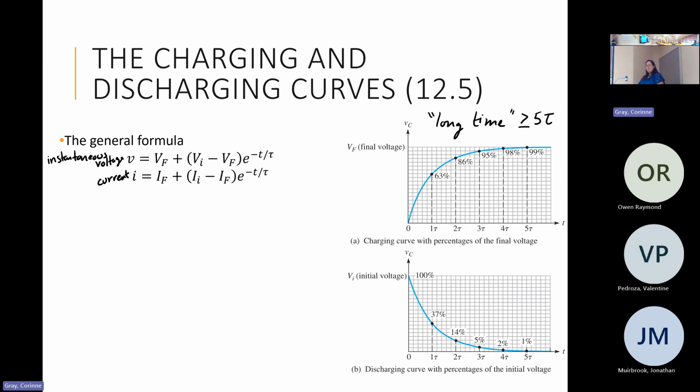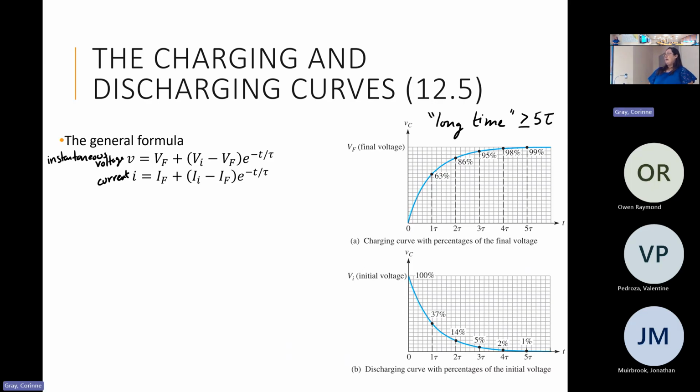We can do the same type of thing for current, but the initial current is not 0. It's going to be the maximum for whatever it happens to be. More often than not for charging and discharging, especially for parallel plate capacitors, we typically focus on the voltage values because we understand what's going on with the voltage better.